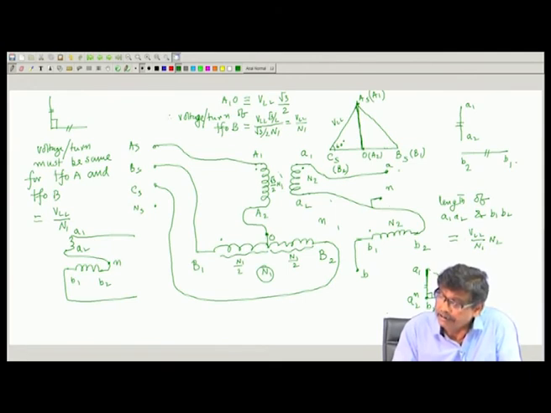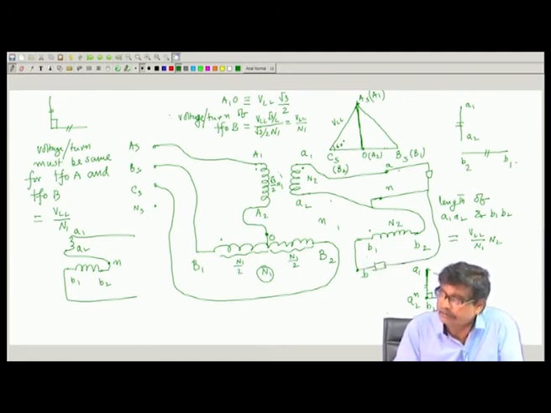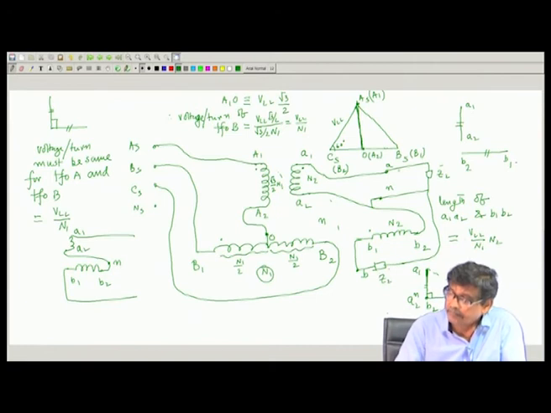Suppose you have connected a balanced two phase load, between A and N, so this is the balanced two phase load of same magnitude of impedance. If it is Z2, this is also Z2 per phase impedance, got the point?